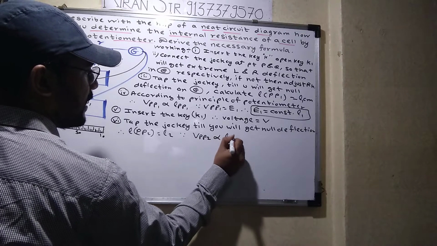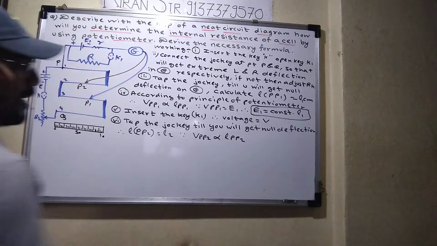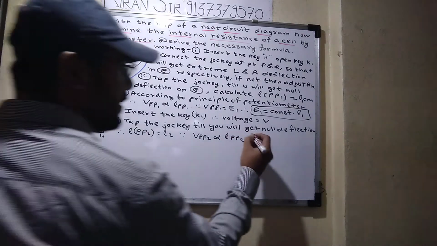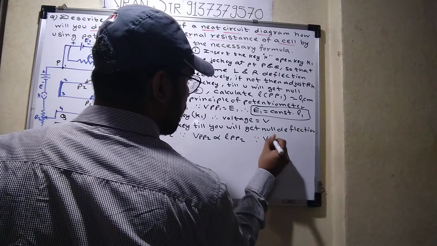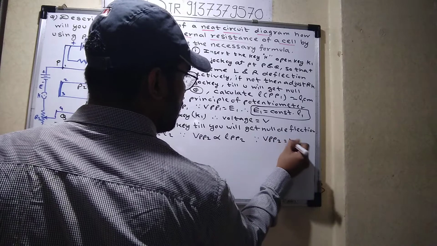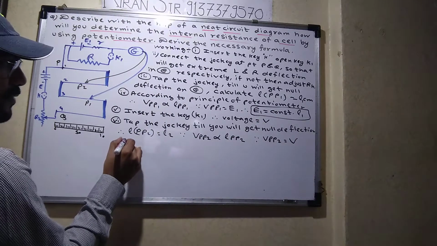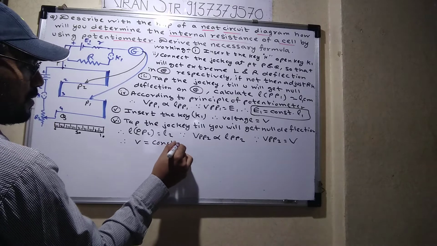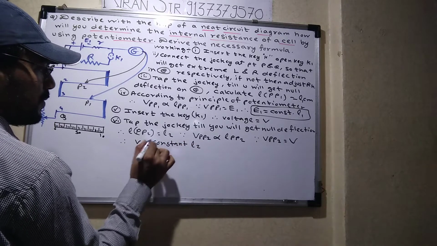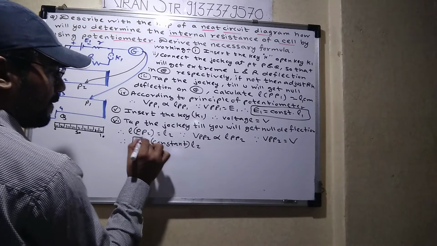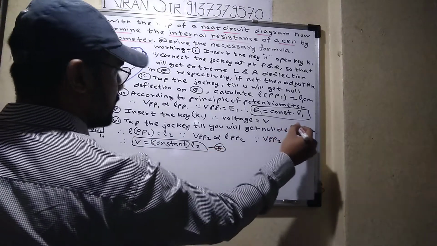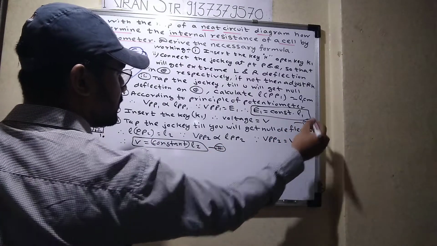Since the voltage from P to P2 is directly proportional to the length from P to P2, the voltage from P to P2 is your V. Therefore, V is equal to a constant multiple of L2. This is equation number 2, and that was equation number 1.